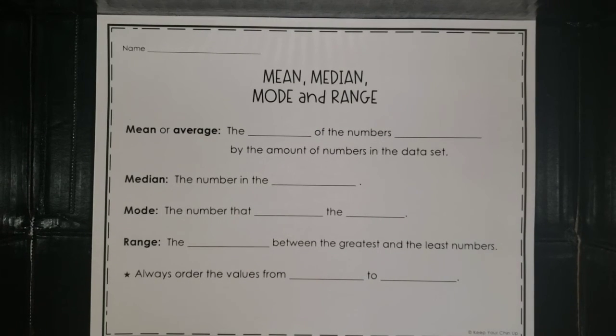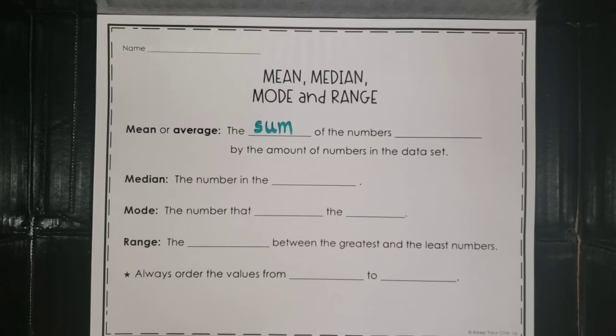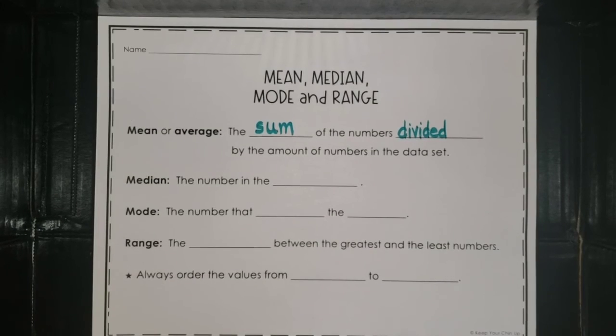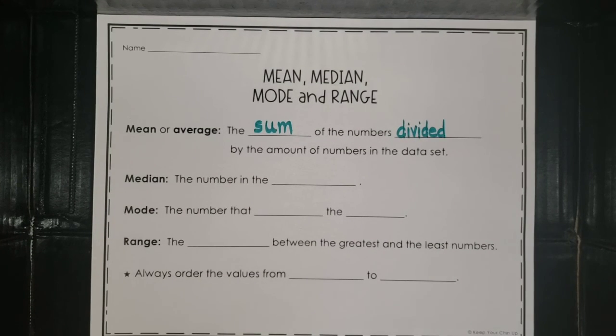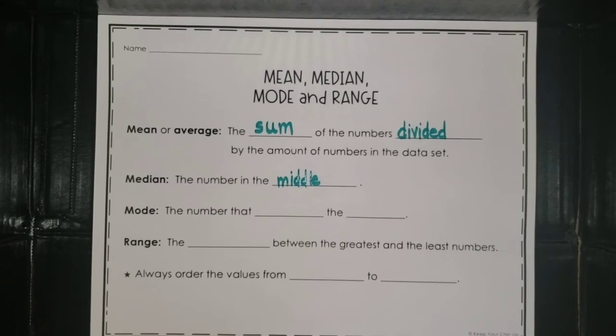Let's do a quick vocabulary review to check your understanding of mean, median, mode, and range. Let's start with the mean, or average. The sum of the numbers divided by the amount of numbers in the data set. Median is the number in the middle.